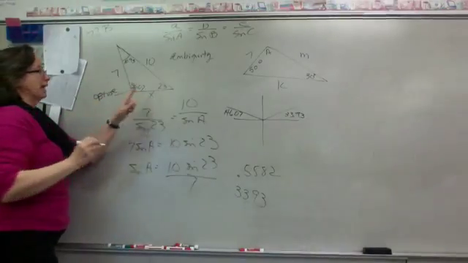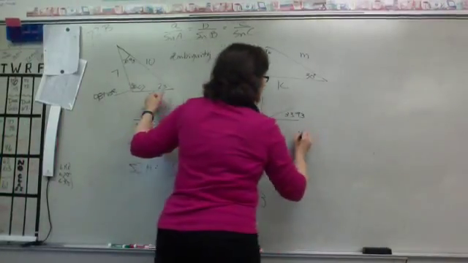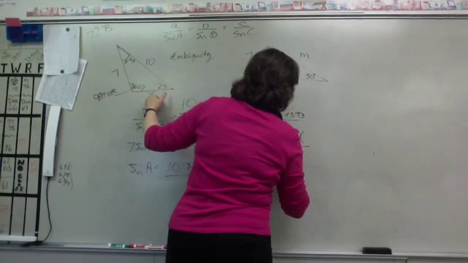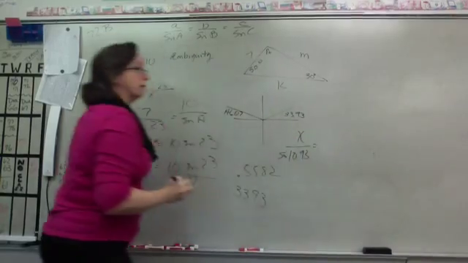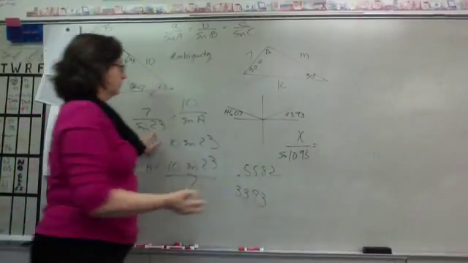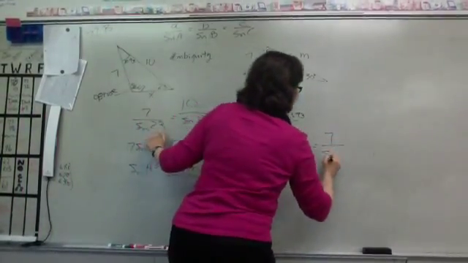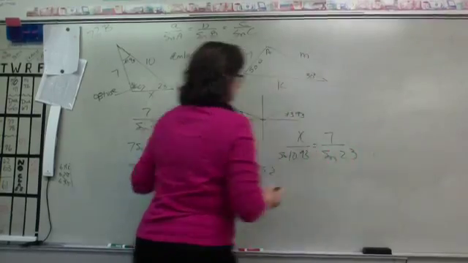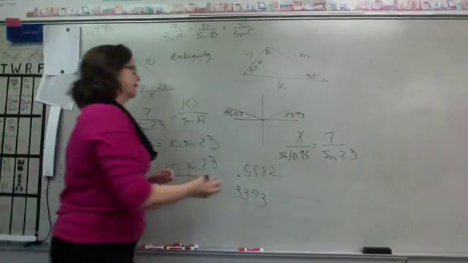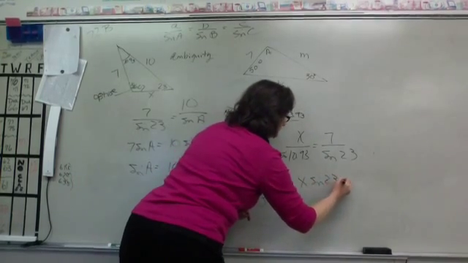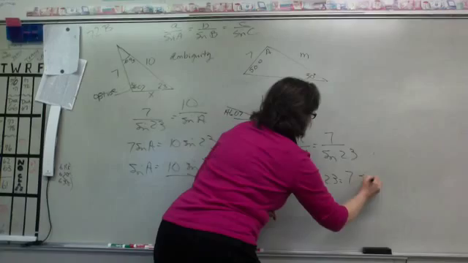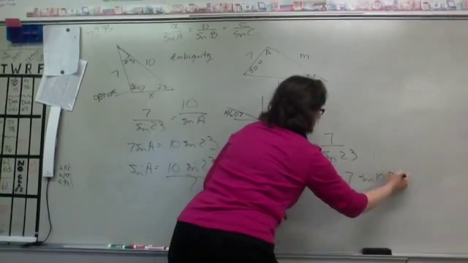So what shall I say? I'm going to say x over the sine of 10.93 equals 7 over the sine of 23. And I cross multiply again, and I get x sine 23 equals 7 sine 10.93.